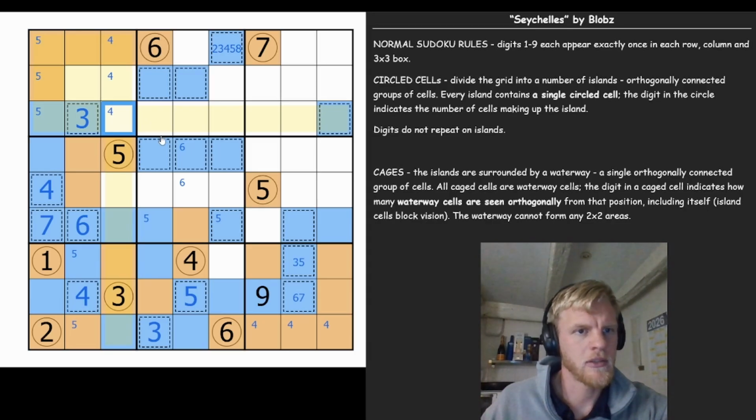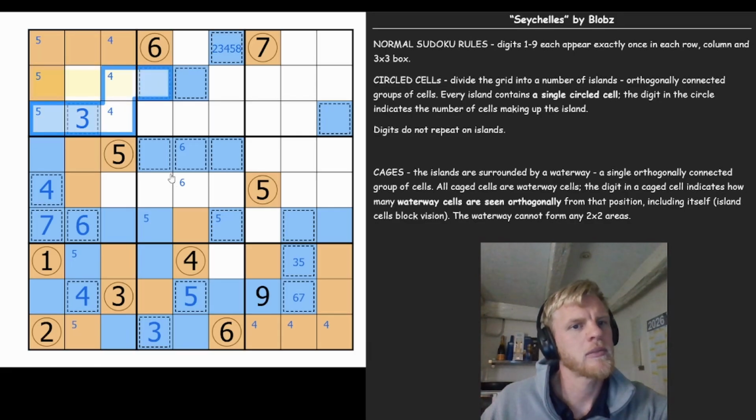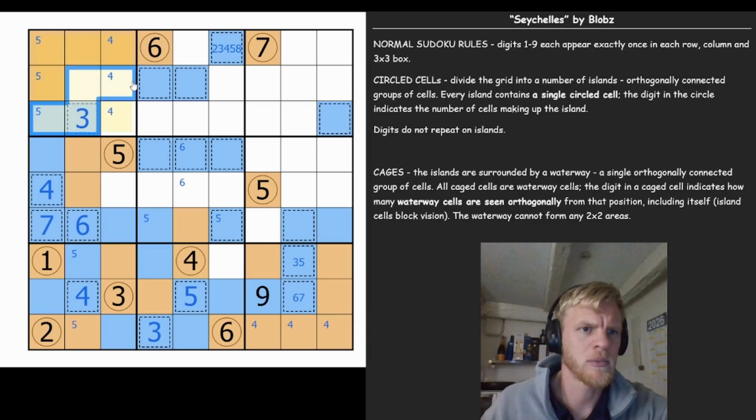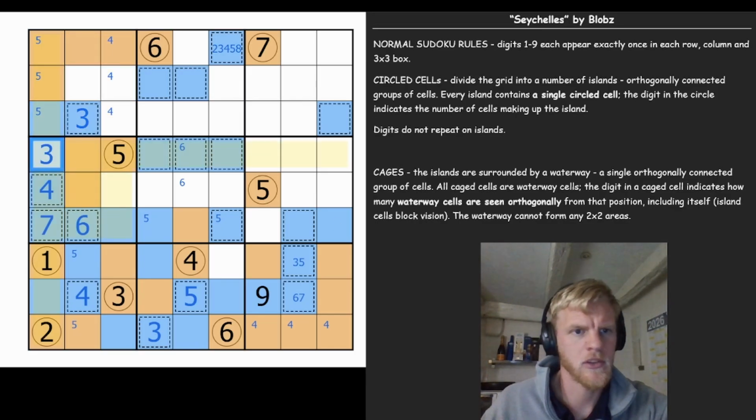Now let me double check if this could be the 3 and then up like that. 1, 2, 3, 4, 5, 6, 7. So no 2 by 2 area is violated here. That could be. Could also be like this, and the 5 goes up. We get our first digit by Sudoku.